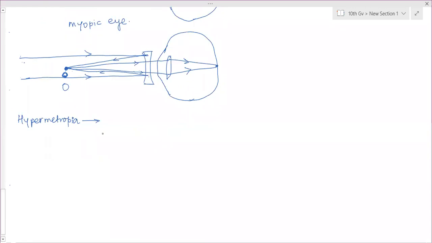Hypermetropia, or long-sightedness: the person can see far point objects but can't see nearby objects, near point objects.